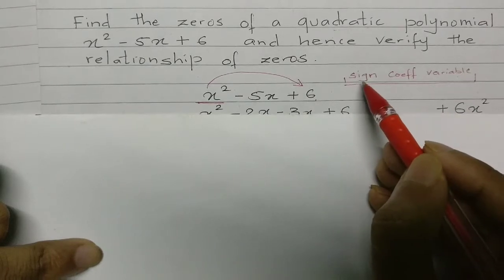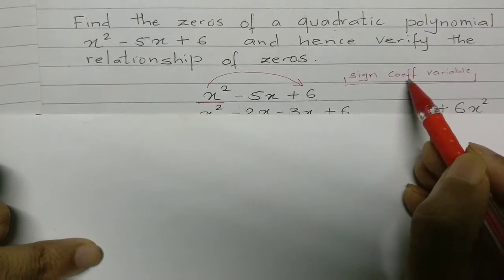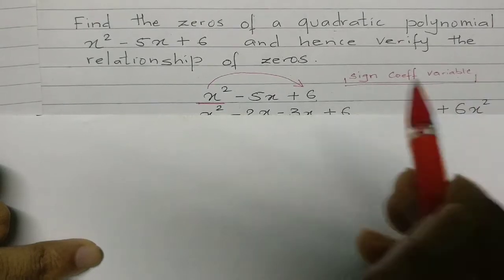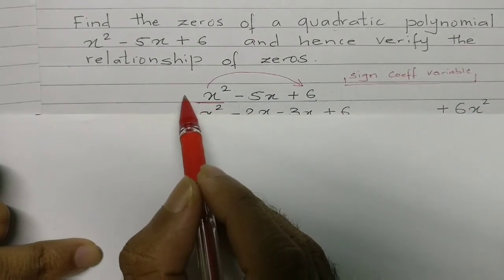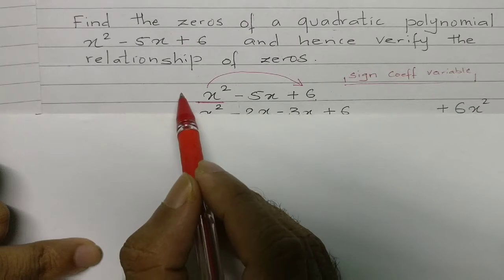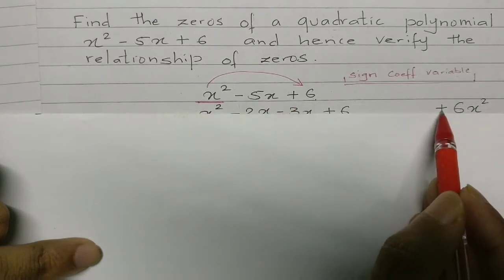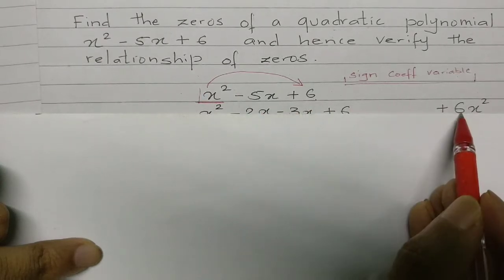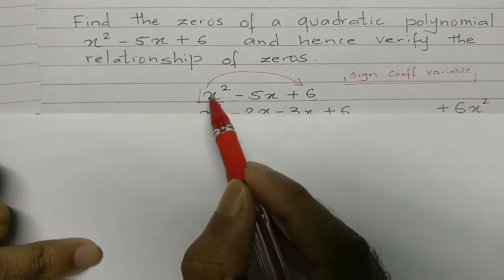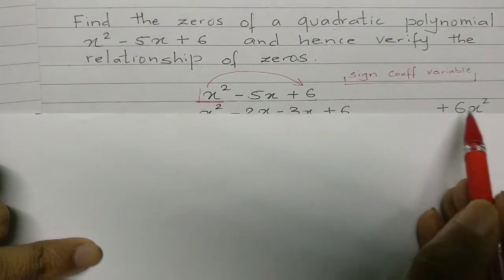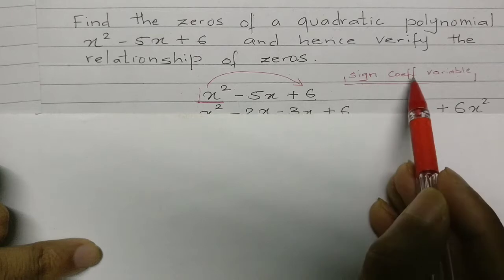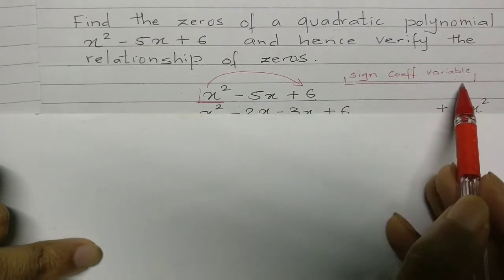Sign is the plus sign or minus sign that we are going to deal with. Coefficient is the number that we are multiplying. Variable is the alphabet. So in this case, my sign is plus over here. So plus into plus will become plus. Coefficient is 1, so 1 multiplied by 6 is 6. And x square, and there's nothing over here, so this will become x square. So sign, coefficient, variable. Remember this.